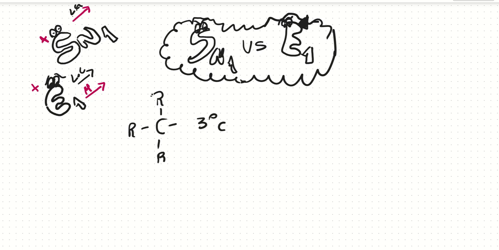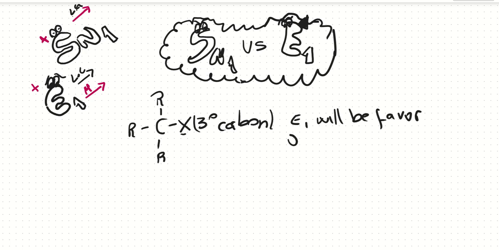With a tertiary carbon, alkyl halides, E1 generally will be favored over SN1 when we have heat.